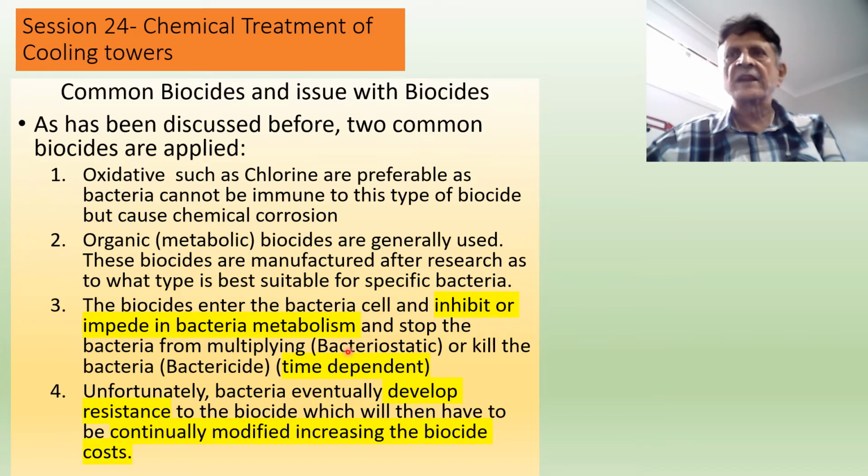These are generally bacteriostatic biocides, or they instantly kill the bacteria by disrupting the metabolism. Unfortunately, bacteria eventually develop resistance to the biocide, so it will have to be continually modified. That would increase the cost of biocide.